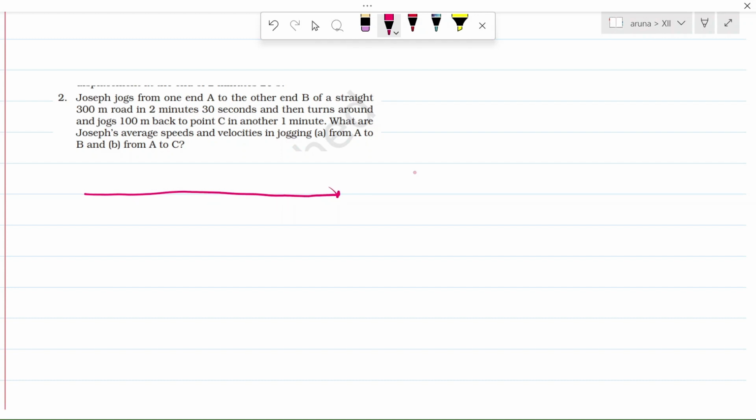Let this be the straight road A, B, which is 300 meters. He returns back to point C here, which is 100 meters.